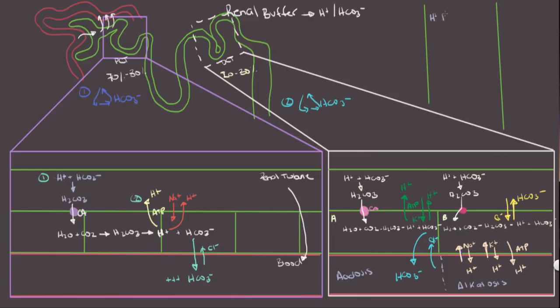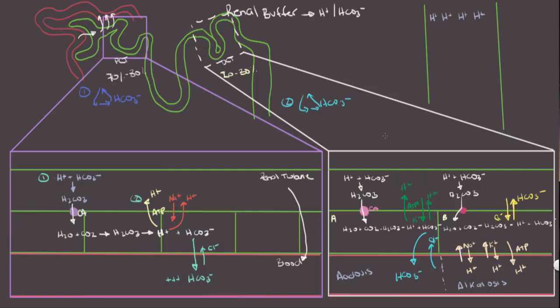Because in the proximal convoluted tubule, we're shifting hydrogen ions into the urine, as well as in the intercalated A cells, where hydrogen ions are also being pushed into urine.